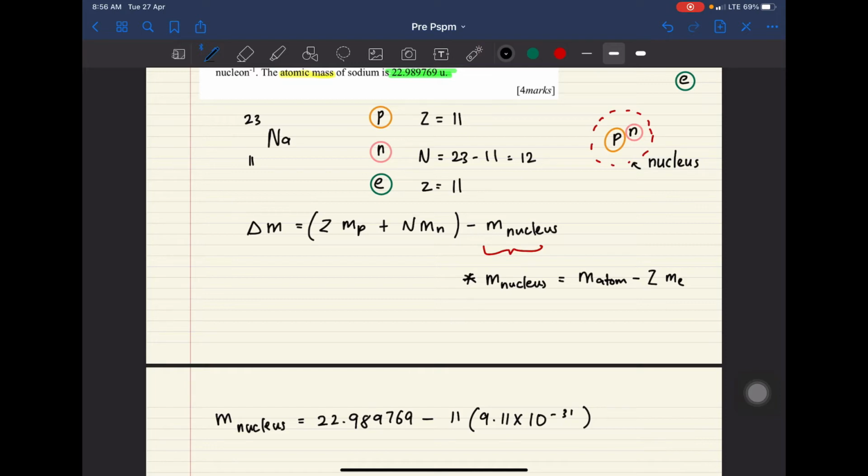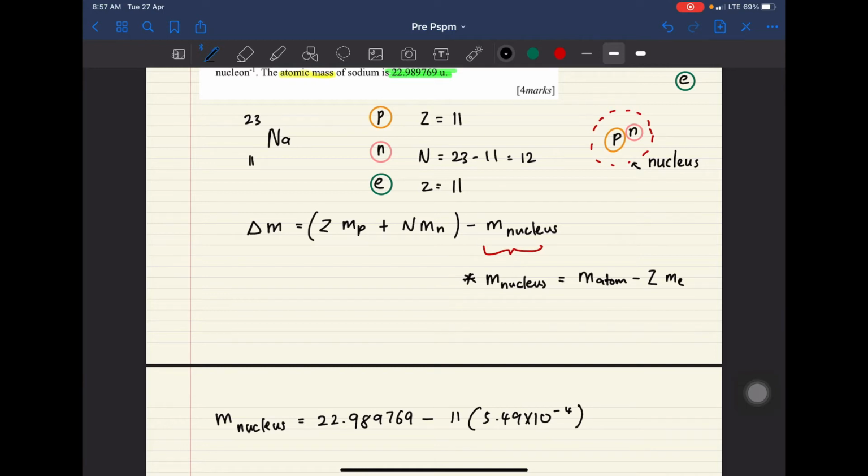If you look through your formula sheet, in the constants, the mass of electron in U is 5.49 times 10 negative 4. So it is actually a very small number.